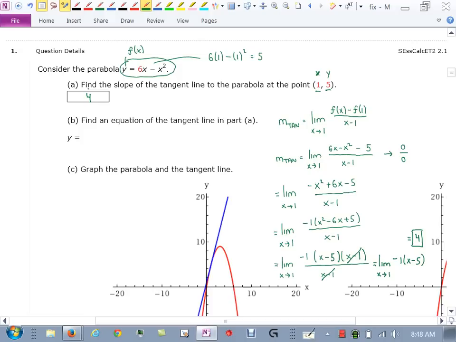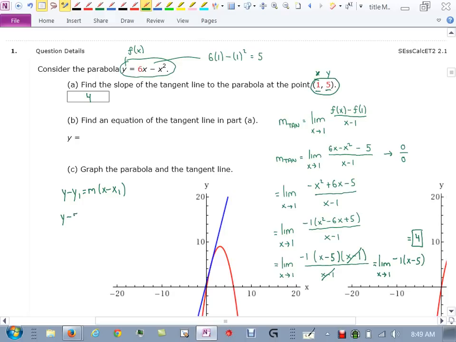Now it wants the equation of the tangent line. So remember that whenever we're in part B, whenever we're trying to find the equation of a tangent line, what we do is we use this formula, y minus y1 equals m times x minus x1. Here x1 and y1 is just a point on our graph, the point on the graph. So that's going to be the 1, 5.